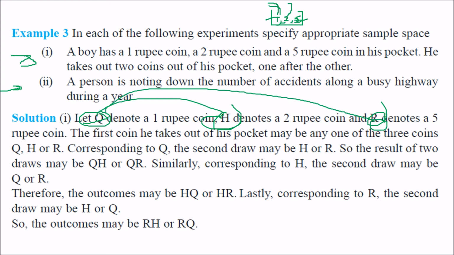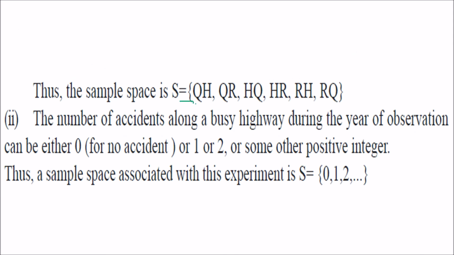If H is taken, the other can be Q or R, so HQ, HR. If it is R, the other can be H or Q, so RH, RQ. So the combinations are QR, QH, HQ, HR, RH and RQ.